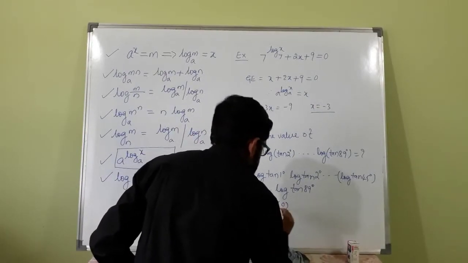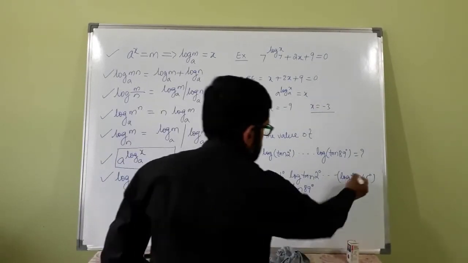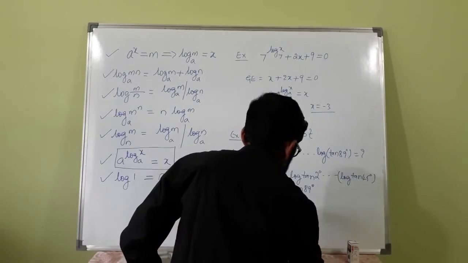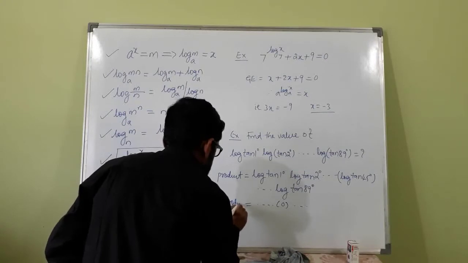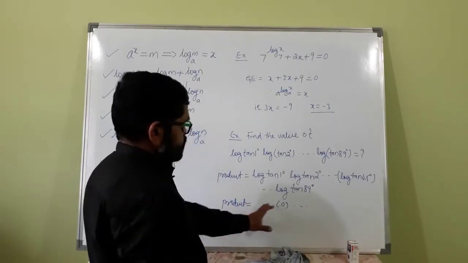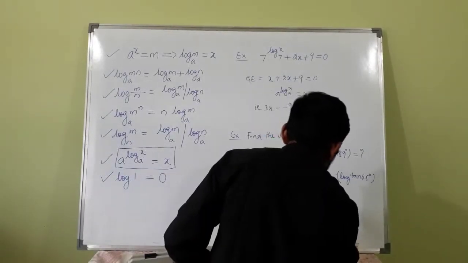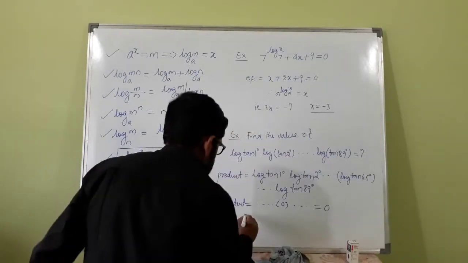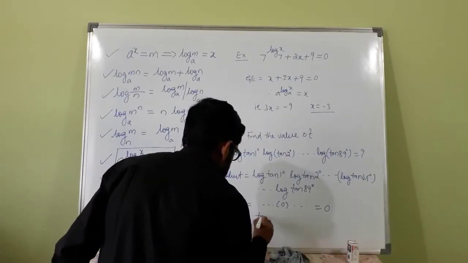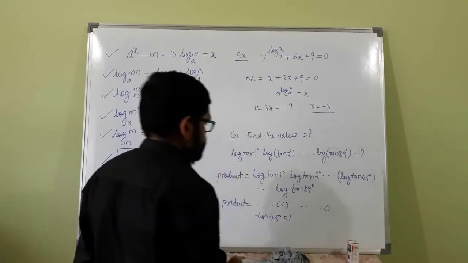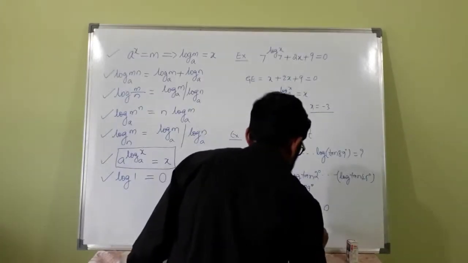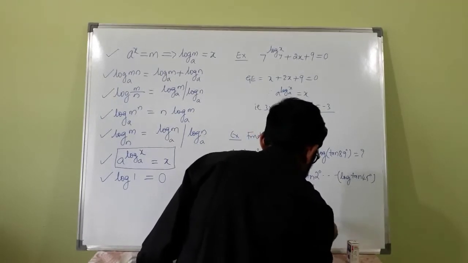Tan 45 degree is equal to 1 and log 1 is equal to 0.